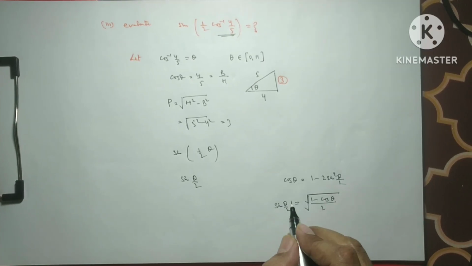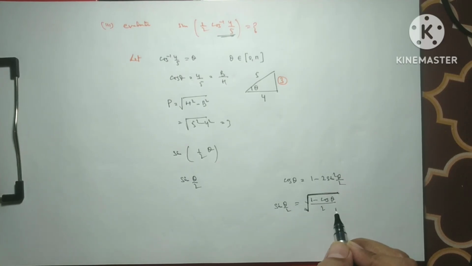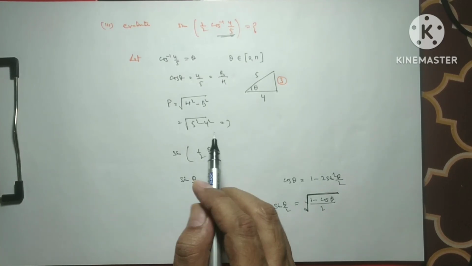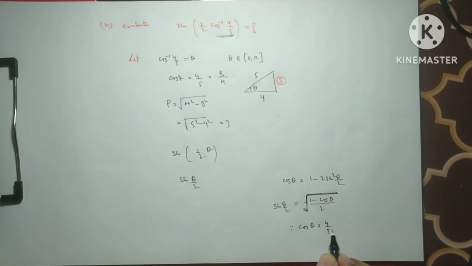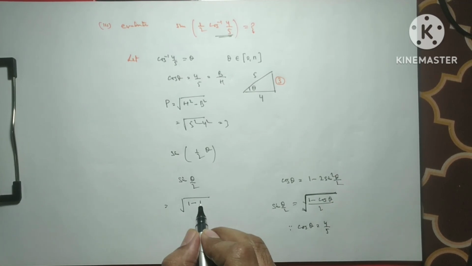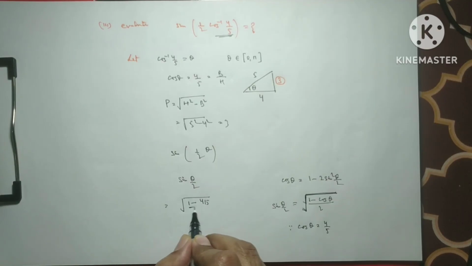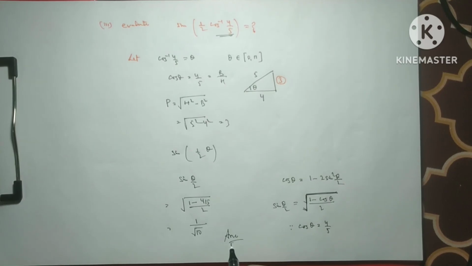So sin theta by 2 equals under root of (1 minus cos theta) by 2. So we put the value of cos theta, that is 4 by 5. So this becomes under root of (1 minus 4 by 5) divided by 2. 1 over root 5, and this is 2, so it is root 10. So this is the answer of this inverse.